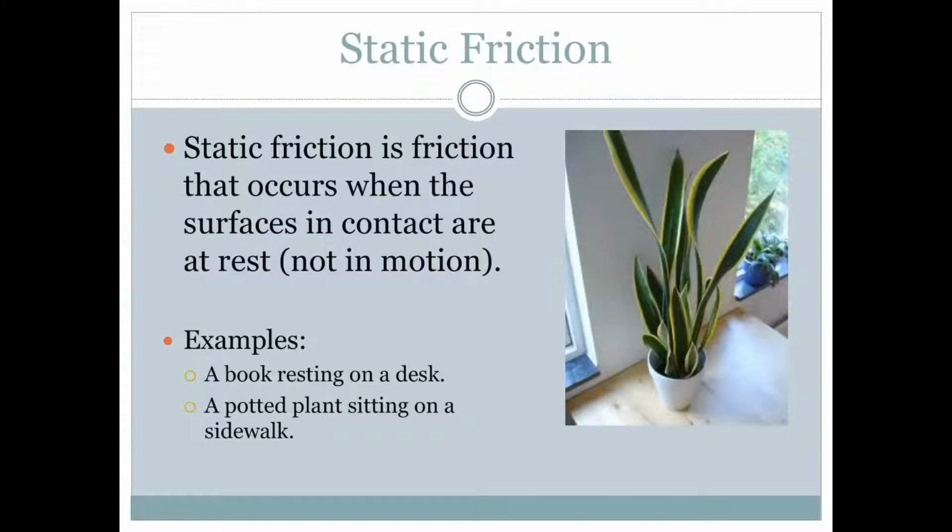Static friction is the friction that occurs when the surfaces in contact are at rest, so they're not moving. Some examples would be a book resting on your desk, so your textbook sitting there on your desk waiting, or a potted plant sitting on the sidewalk. They aren't moving because there's so much friction between the two objects that it allows it to stay in place.